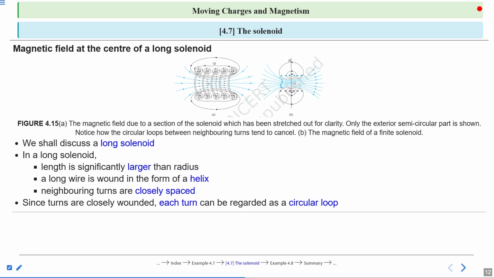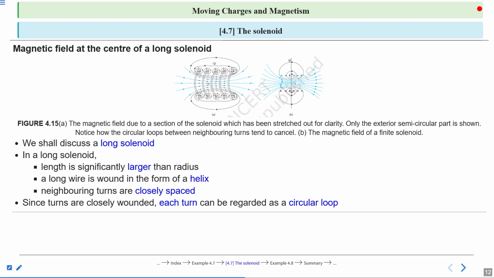Since turns are closely wound, each turn can be regarded as a circular loop. When we travel from one end to another end of the winding, the linear distance traveled is negligible because they are closely wound. If we cover one circle, the linear distance traveled is very small because they are closely spaced.